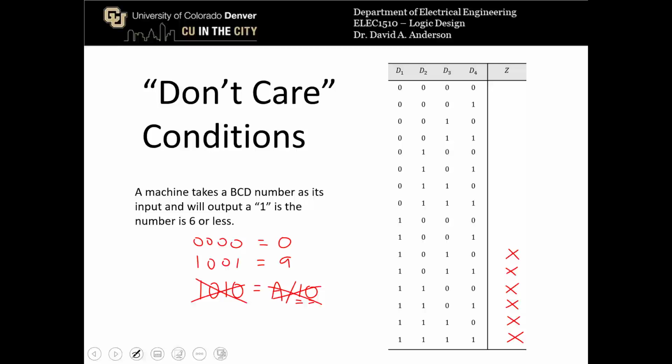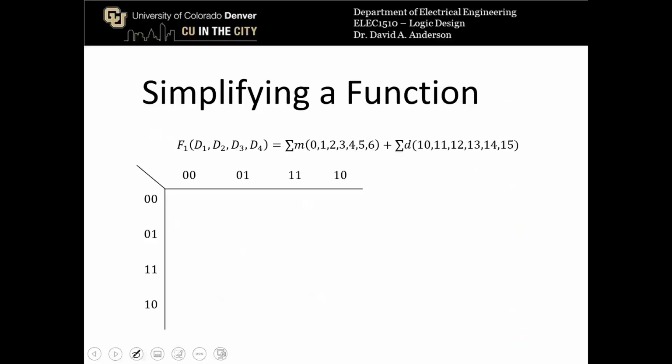So then let's fill in the rest of the K-map. 6 or less will produce a 1. And then 7, 8, and 9 will produce a 0. Now let's look at optimizing this function. These are in terms of what I call digit 1 through digit 4. So when we look at that as a sum of minterms, it is the sum of minterms 0, 1, 2, 3, 4, 5, 6, and the sum of don't cares 10, 11, 12, 13, 14, 15.